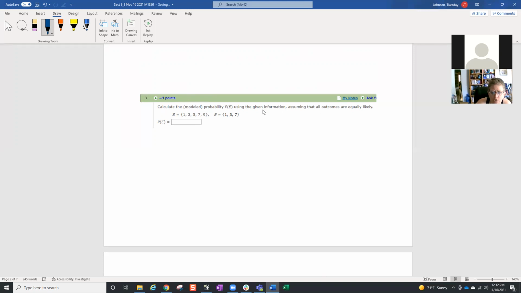Using the given information, remember the probability of event E is the number of ways E can happen divided by the total number in the sample space. All outcomes are equally likely. The number in the sample space, 1, 2, 3, 4, 5.